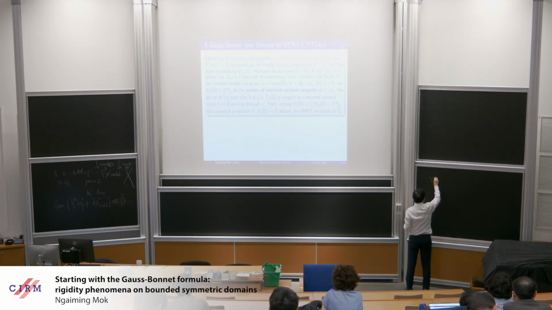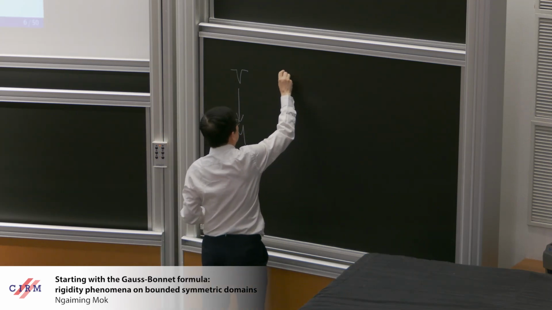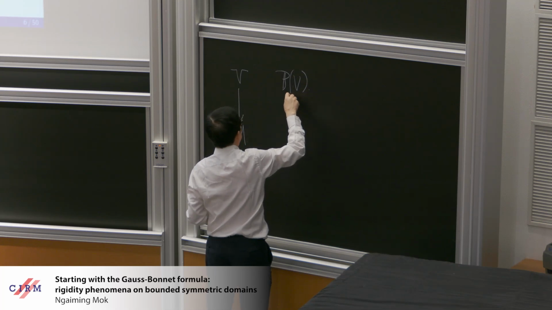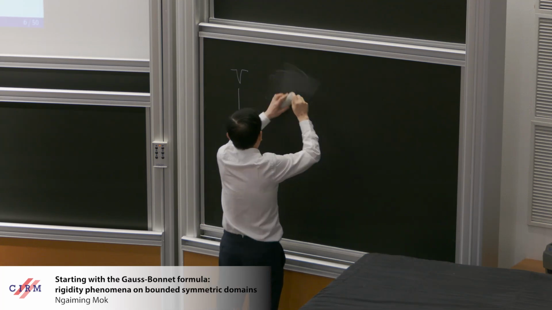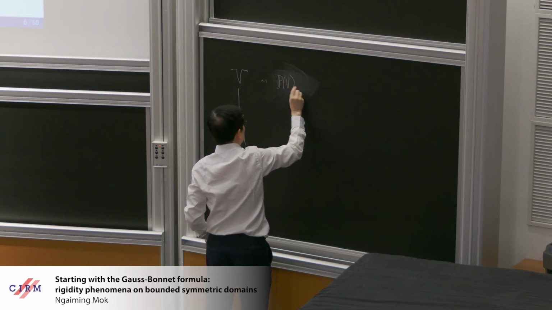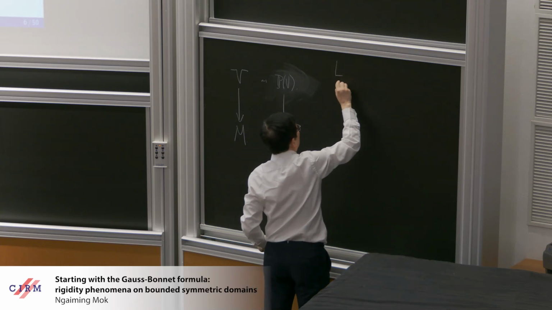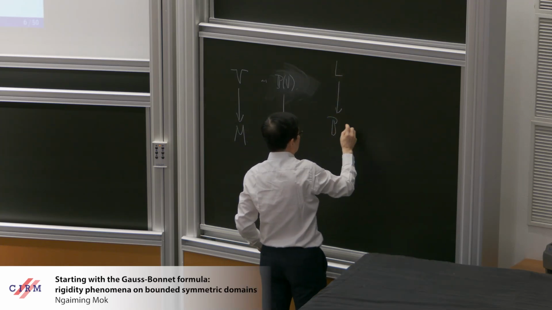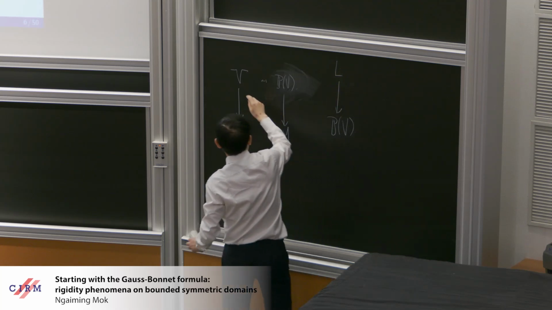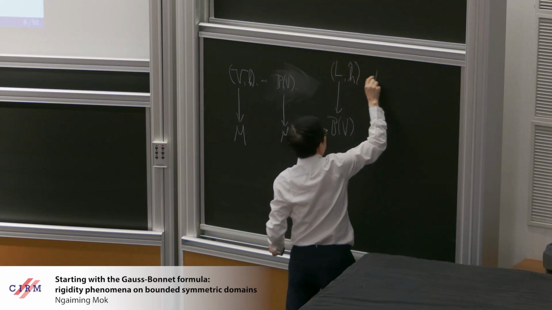When you have a vector bundle V over a complex manifold M, you can associate to it the projectivization PV over M. And then there's a line bundle over PV. If you have a metric h on V, then it has a certain curvature. This is called the tautological line bundle.